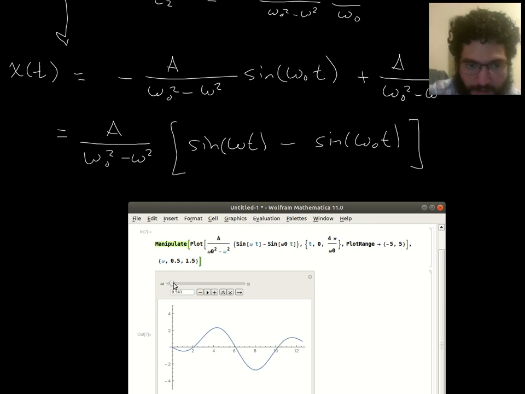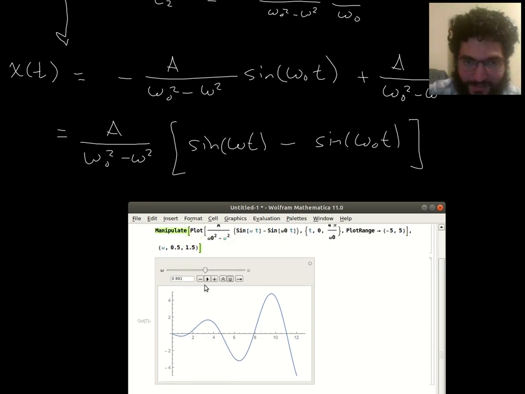By the way, what you're seeing here is T and X, the displacement. So this is how the mass on the spring responds or whatever. And what I'm varying here is the driving frequency. As the driving frequency gets close to 1, you see the amplitude of the response grow, and then it starts shrinking again as I move away.